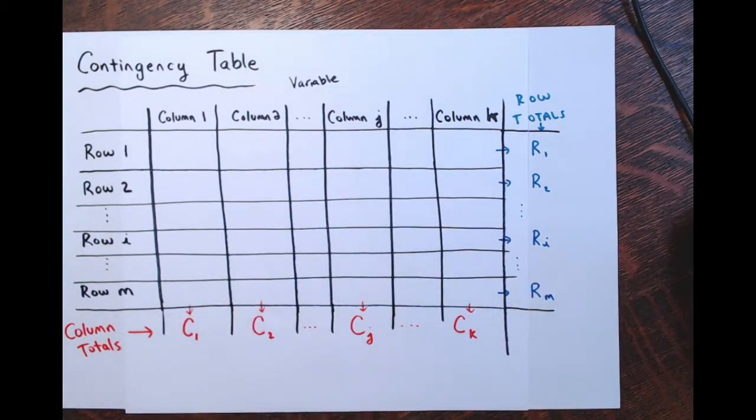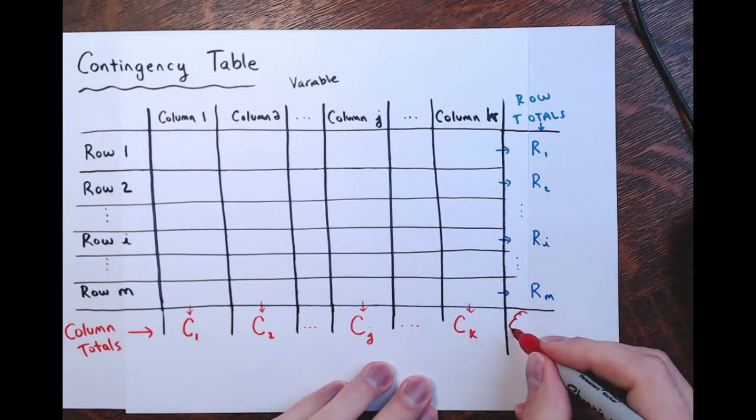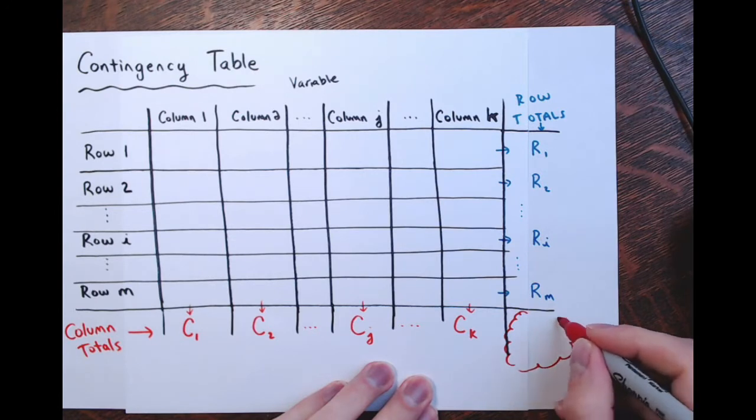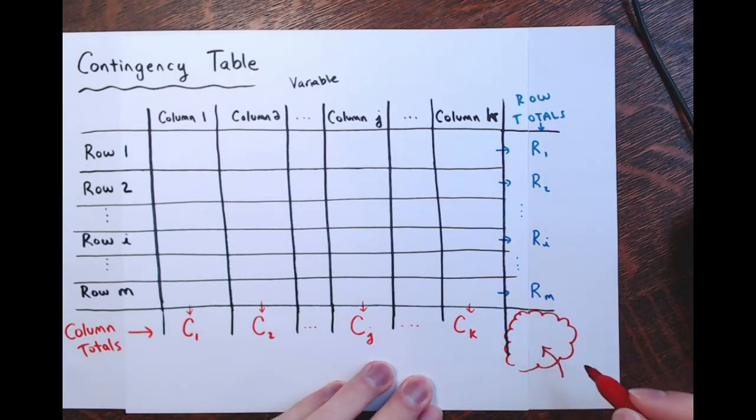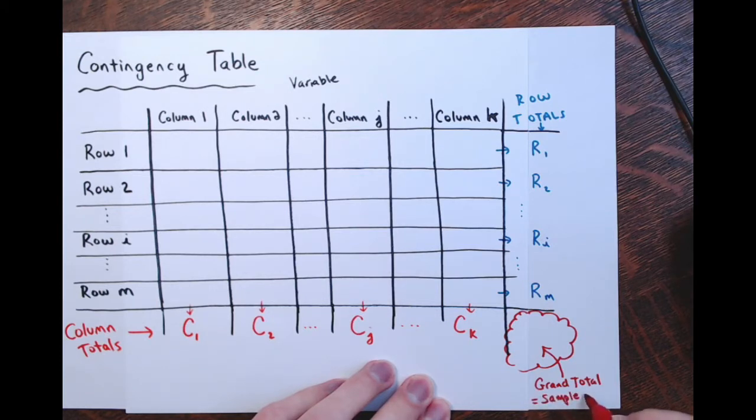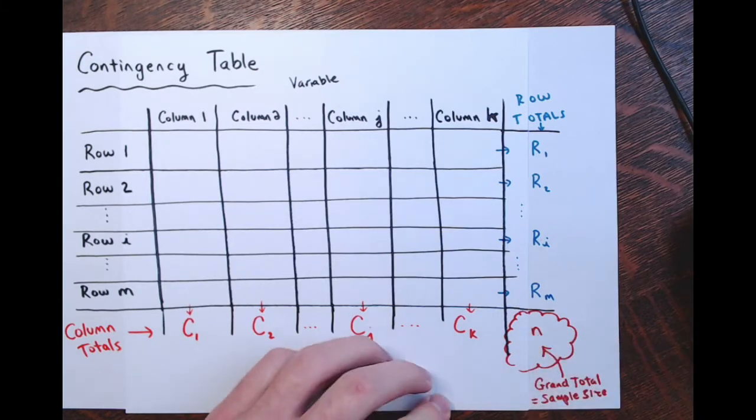And then in the very lower right corner, down here, is the grand total, which is the total sample size. How many people, how many observations total were taken, and this is that lowercase n.